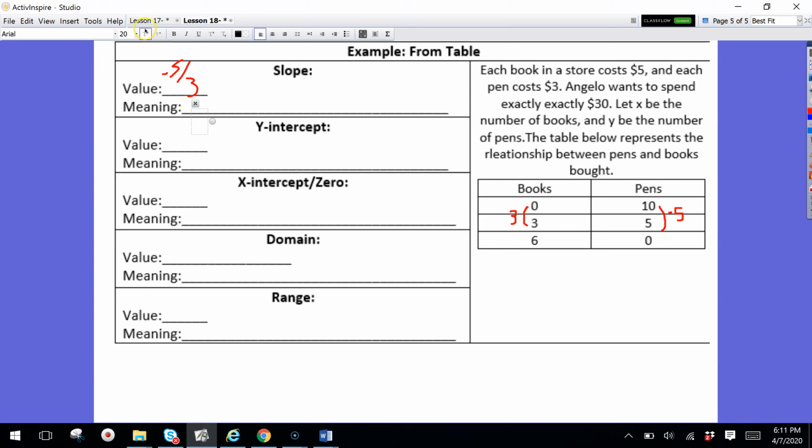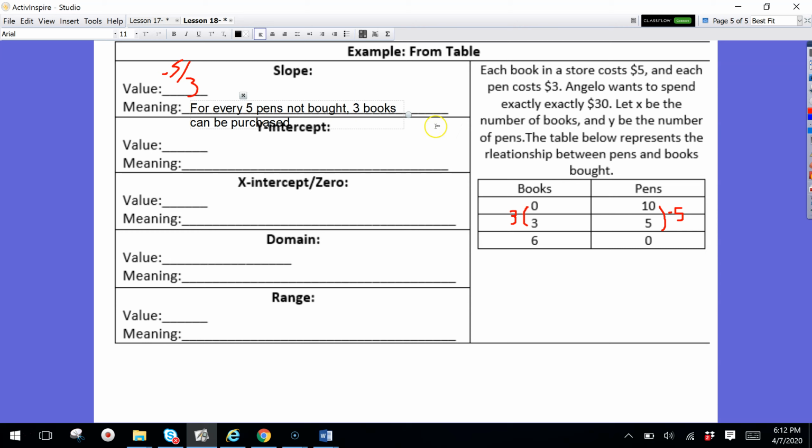For every 5 pens not bought, 3 books can be purchased.